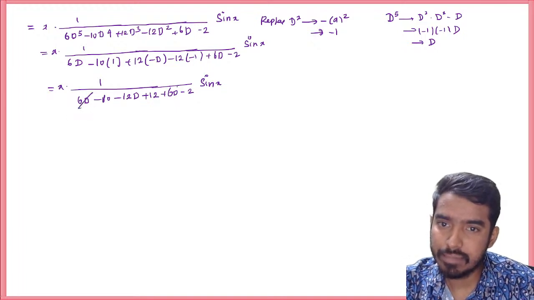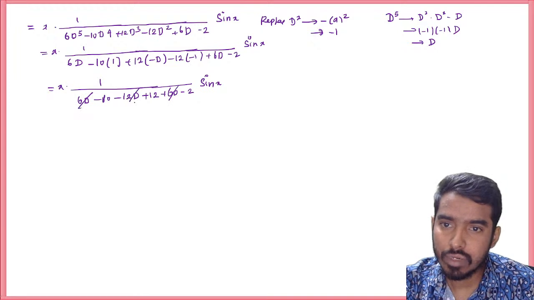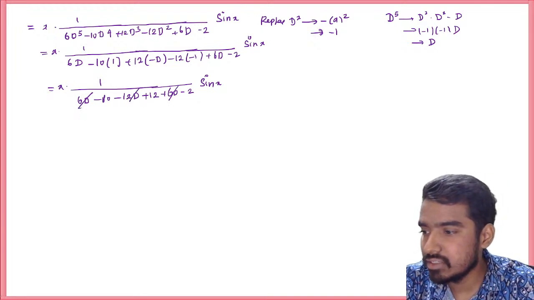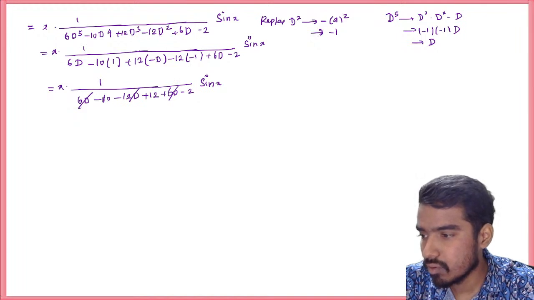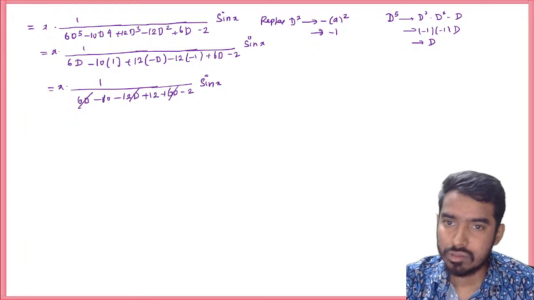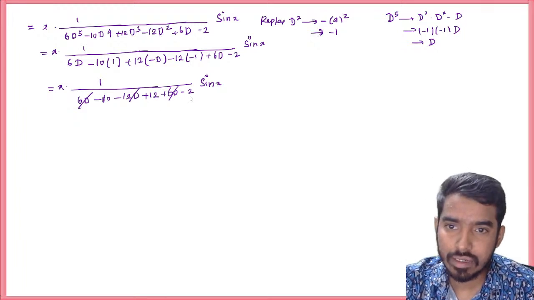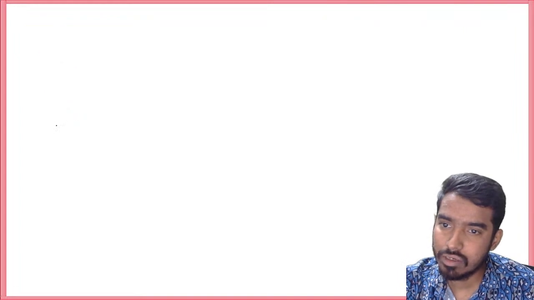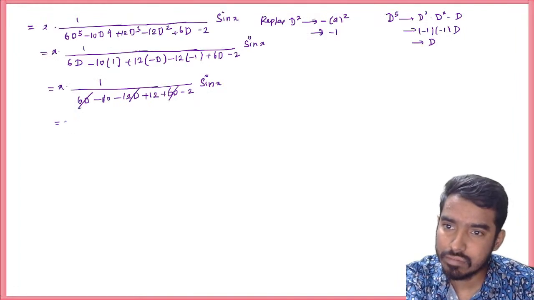So you can see 6d plus 6d is 12d. 12d minus 12d is 0, right? 12d minus 12d is 0. So here we have 12 minus 10, which is 12 minus 2 is 10. 10 minus 10 is 0 again. So you'll be getting again 0, right?